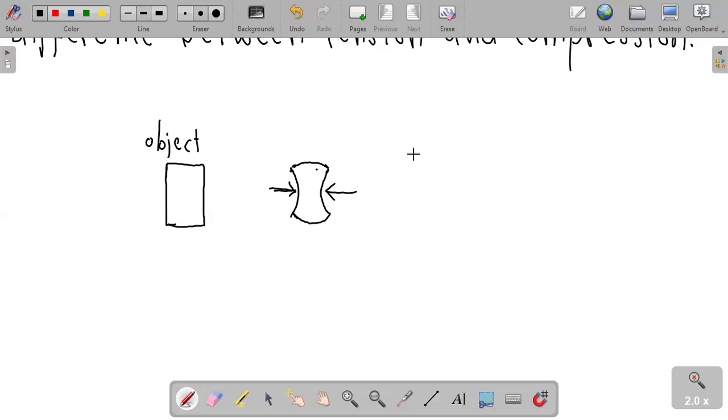And then if we apply tension to the same object, tension stretches the object while compression squashes the object. So here we applied tension to the object. It means that the object becomes stretched.